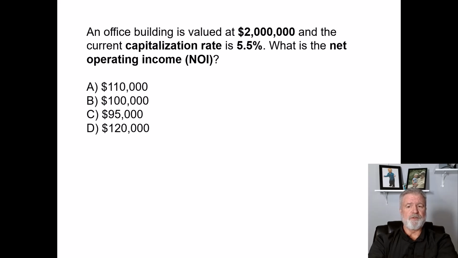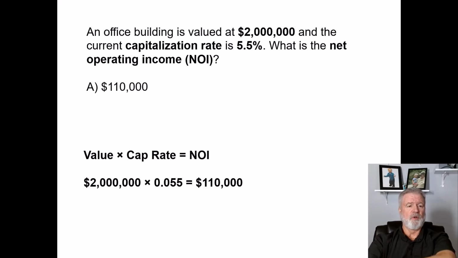But anyway, what answer did you come up with? Hopefully you decided the answer was A, $110,000. Y'all, 2 million times the 5.5% gives you $110,000 in net income.